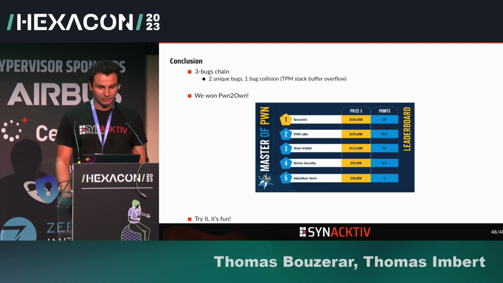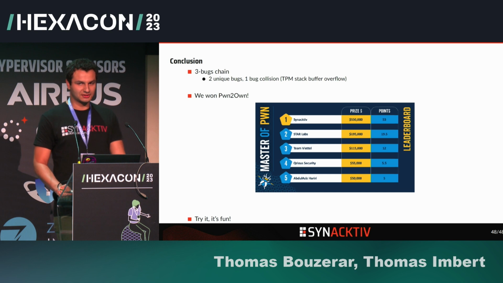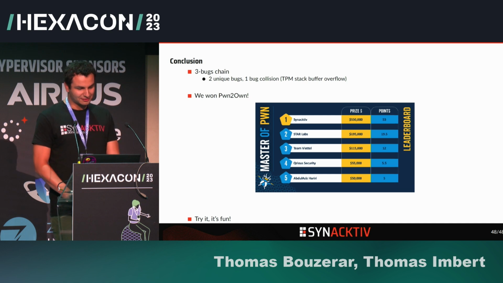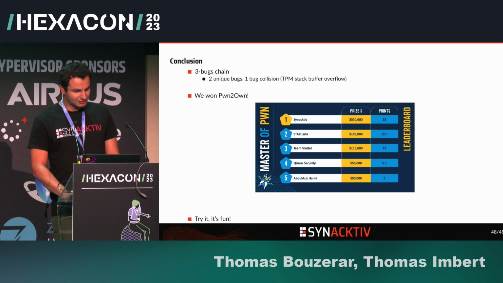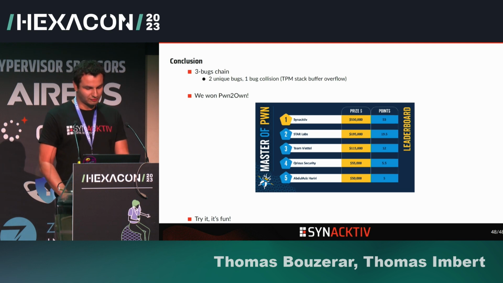But we still won Pwn2Own thanks to our great team at Synacktiv with other exploits on operating systems, such as the exploit in macOS you saw this morning, and other exploits on Tesla and so on. So in the end, it was quite a fun journey, and you should try playing Pwn2Own if you haven't already, because it's fun. Thank you.